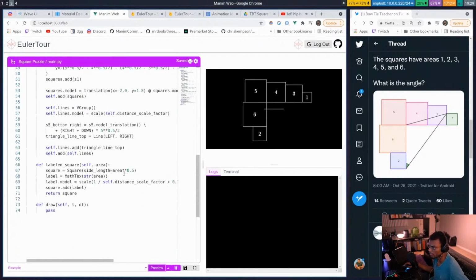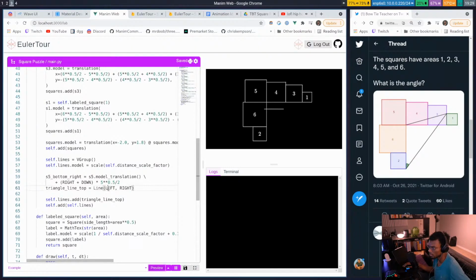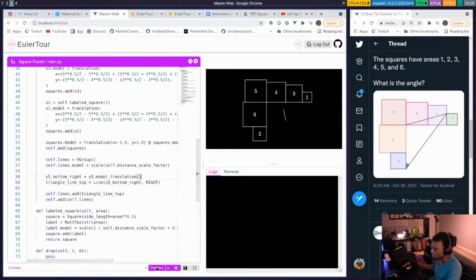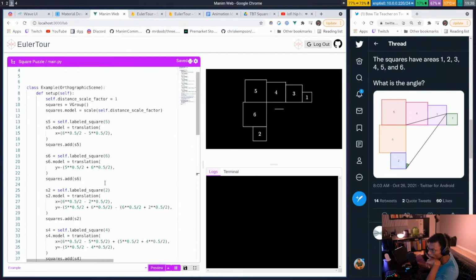See what we got here. That's fine. Doesn't crash anymore. So now do S5 bottom right. And that didn't work. Why? If I just put S5 model translation here. What's going on?